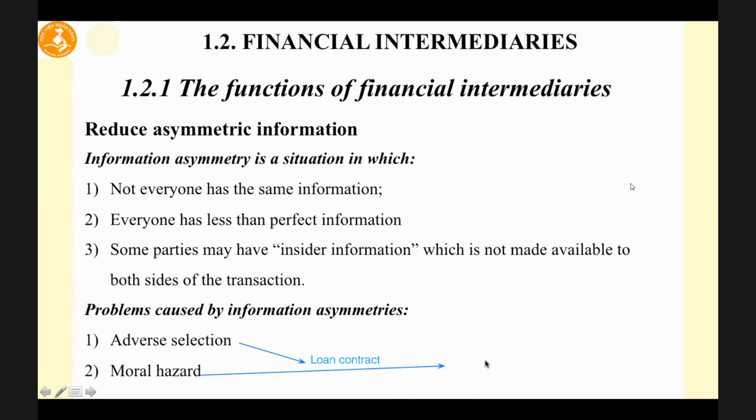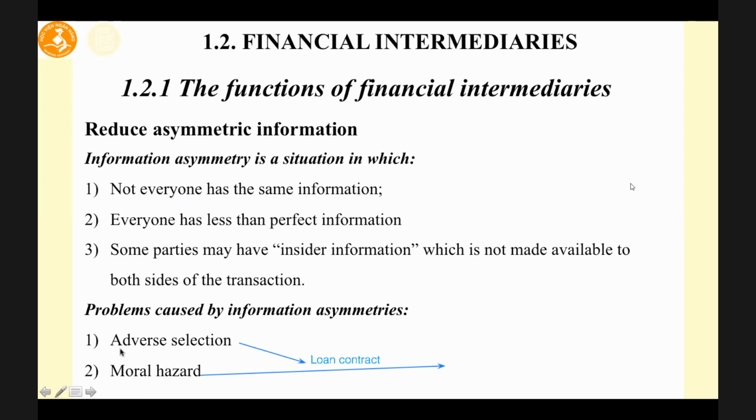Only after they sign the contract with the bank and receive money from the bank can they use this money for another purpose that was not written in the contract. So they have moral hazard.